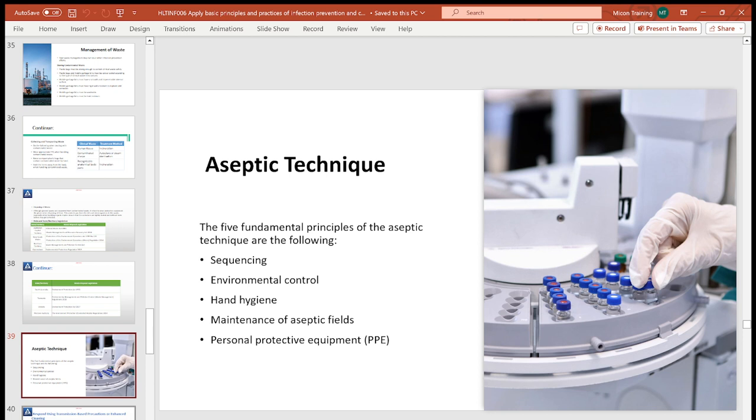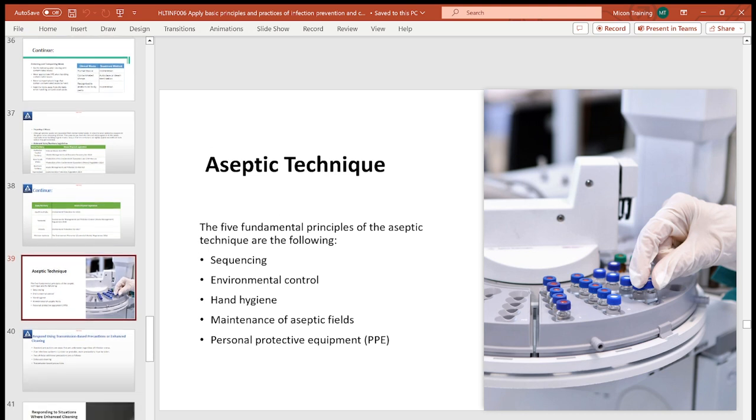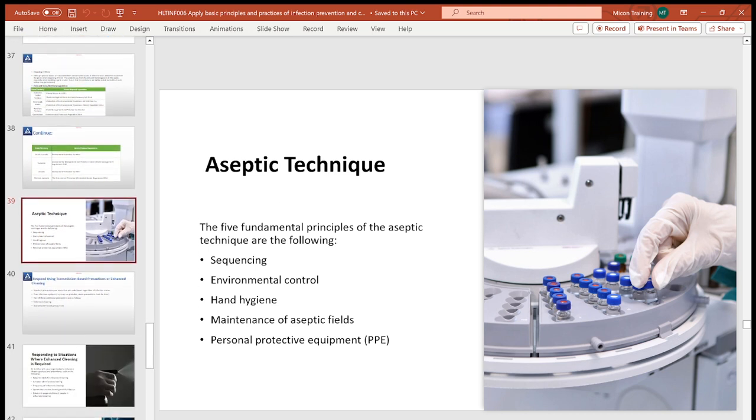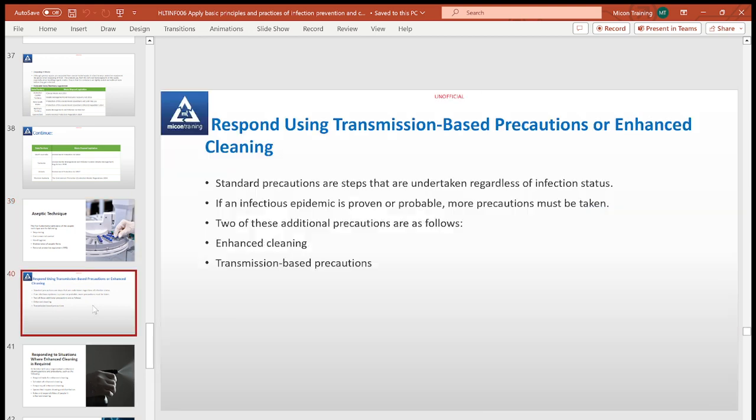We should not in any way touch or spread anything that can infect the process. So we should follow all these 5 fundamental principles at all times when we are dealing with aseptic equipment.